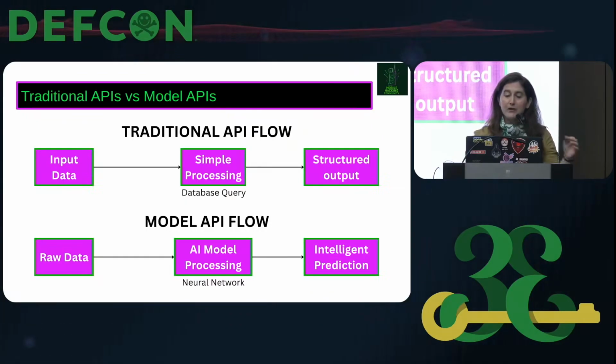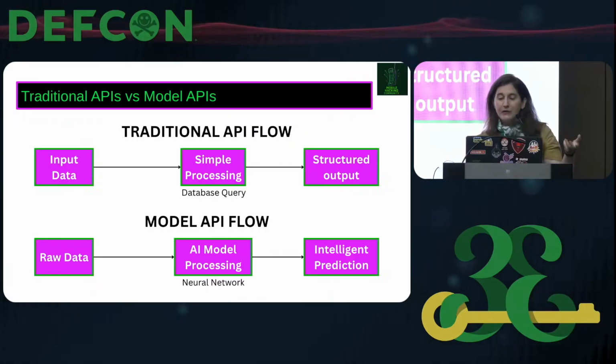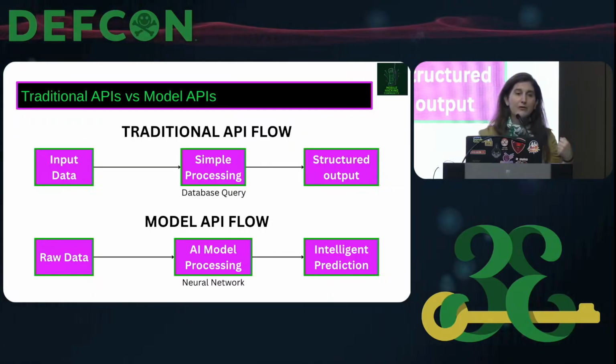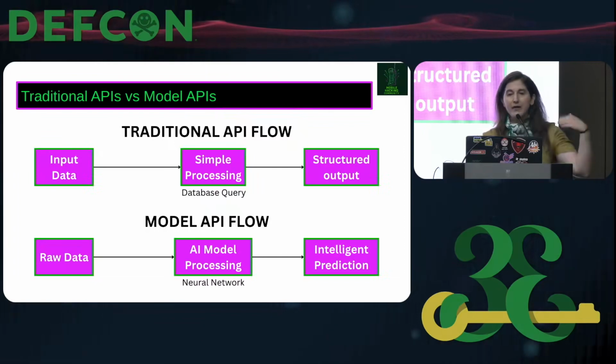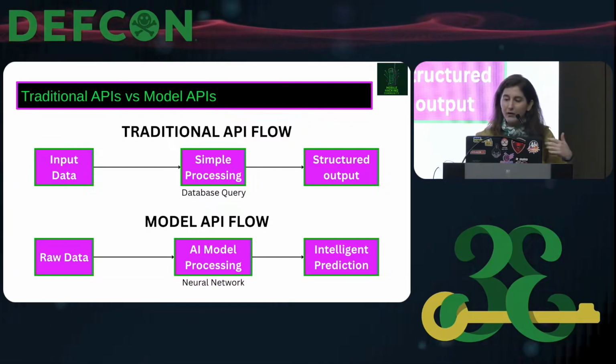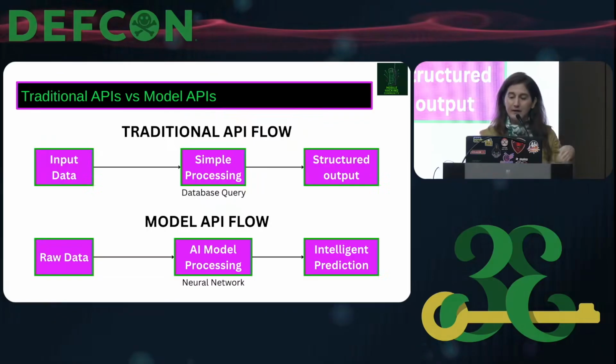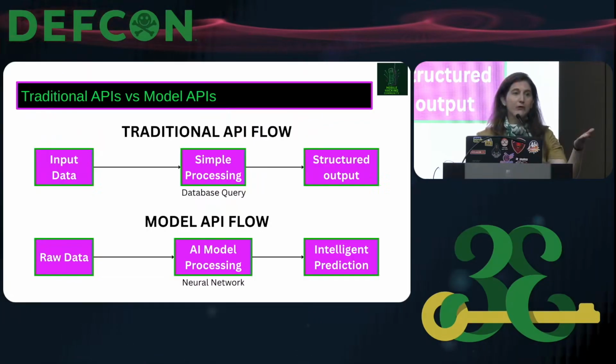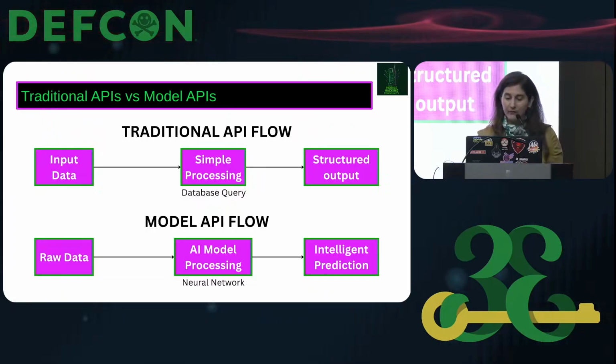For example, a traditional API might take your location and give back weather data, or take payment details and give back a transaction status. Model APIs work differently. You send an image and you get what objects are detected in it. You can send text to get a translation, and you can send audio to get the transcribed text.